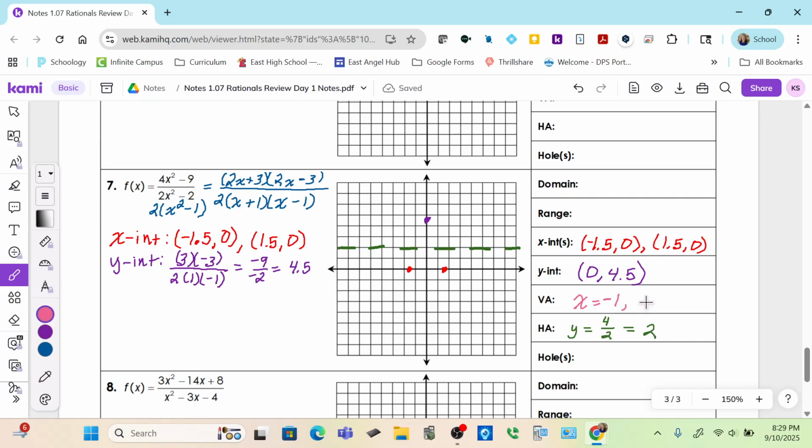And we're going to have one at x equals 1. So I'm going to mark those on my graph as well. So at negative 1, we have a vertical asymptote. At positive 1, we have a vertical asymptote.